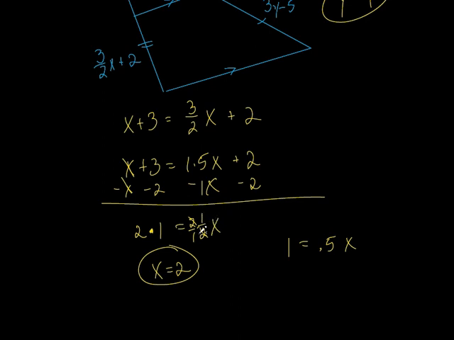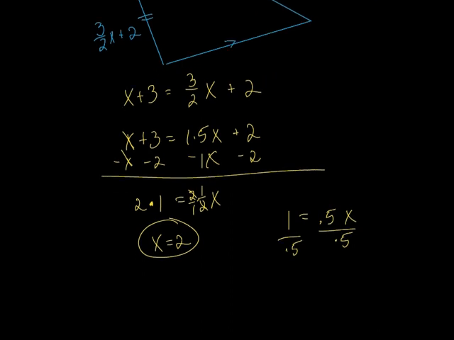I like to write it as a fraction because I think it's easier to get rid of the fraction than it is to get rid of a decimal. But you could do this. You could divide by 0.5, put it into a calculator, and you get 2.